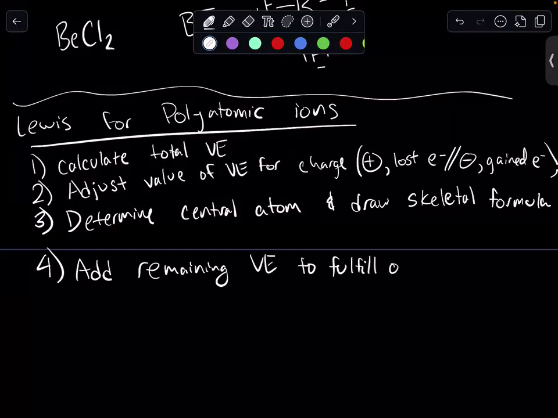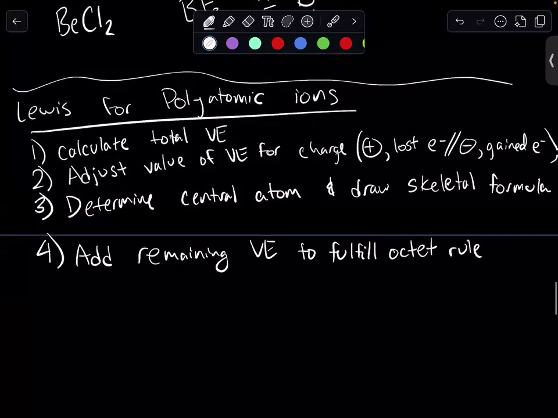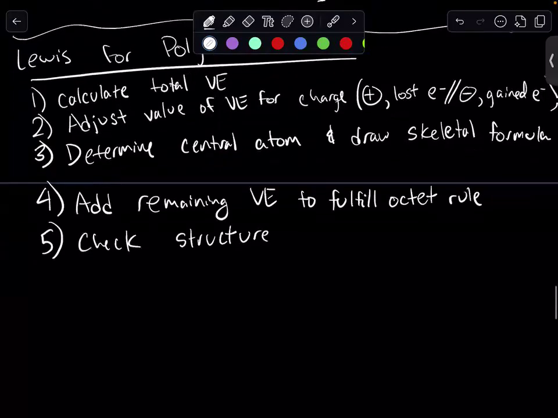Fulfill octet rule, same as before. And then we would check. So we still check step 5. We're going to check our structure. And we're going to add to step 5 later once we learn about double and triple bonds.